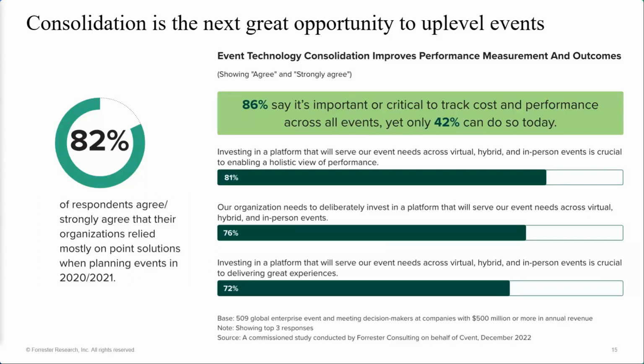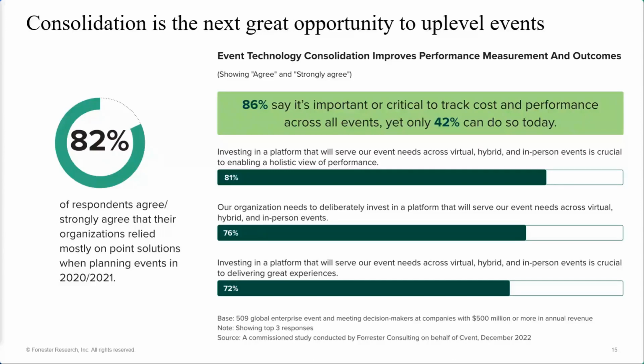So when you look at what people are expecting the technology to do for them, you'll see these are large numbers, though they're small on the screen. It's 81%, 76, and 72.